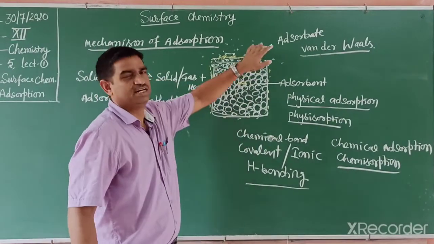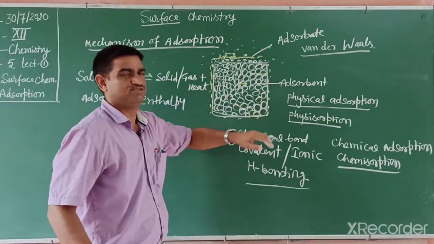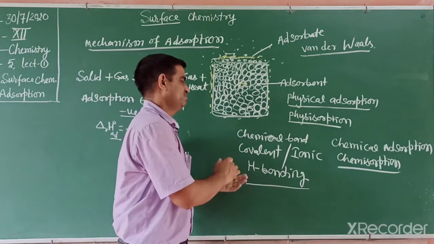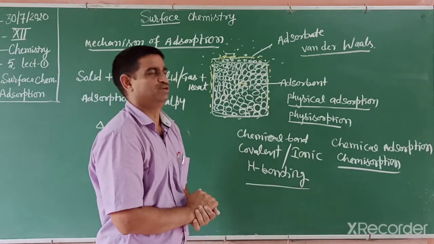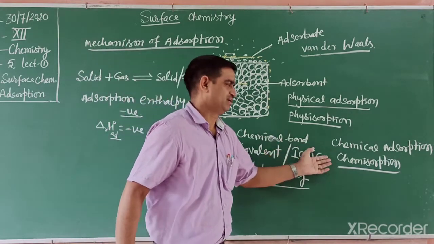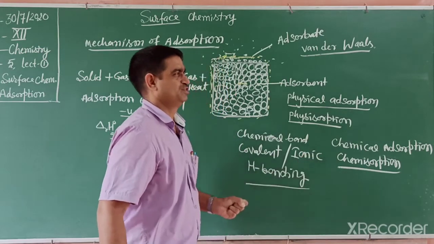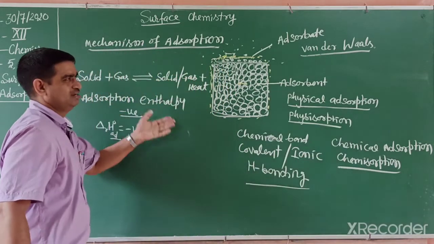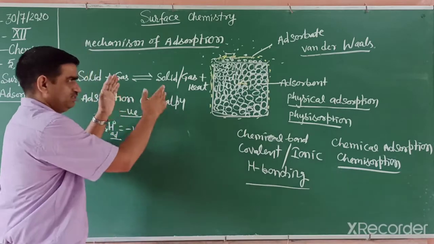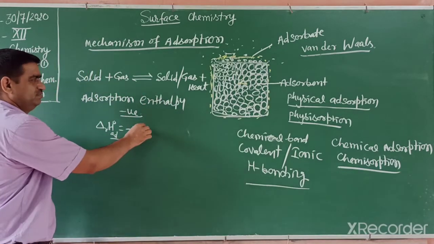Students, between adsorbate and adsorbent, if a strong bond, covalent or ionic bond, or hydrogen bonding forms, that is chemical adsorption, chemisorption. And the enthalpy of adsorption for both is negative.